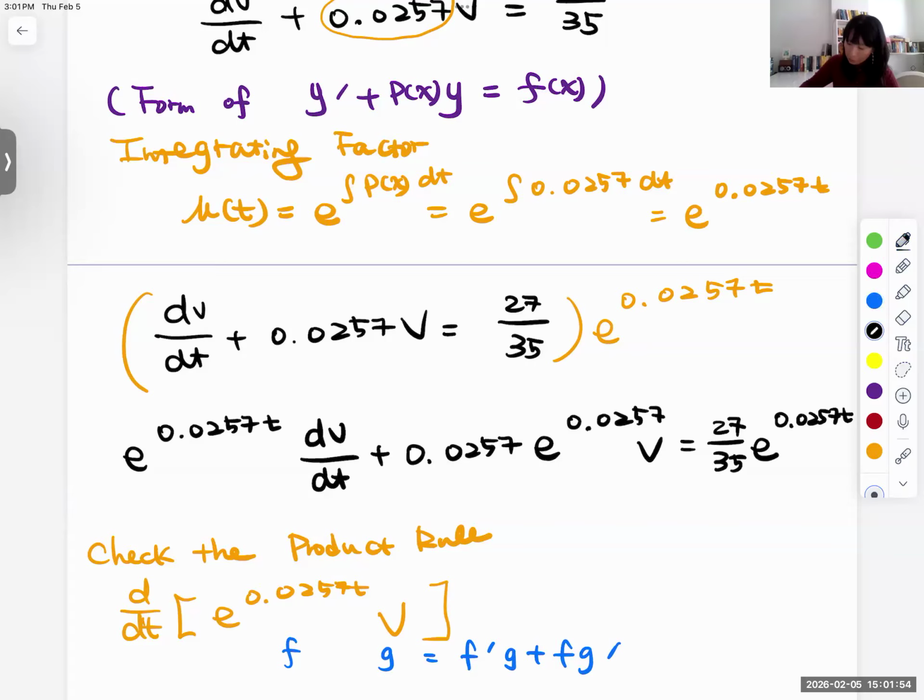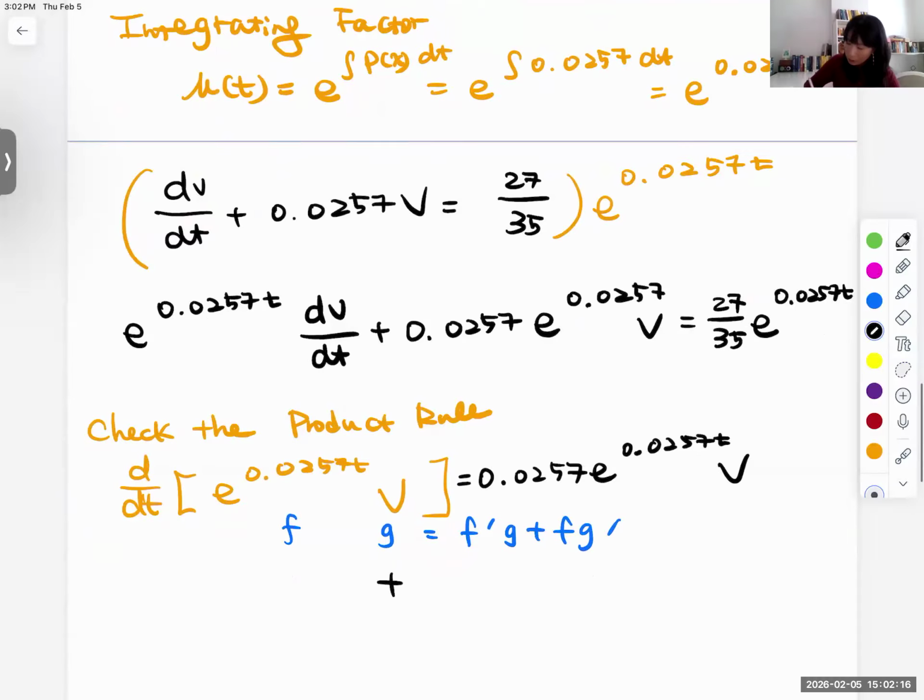So f prime is e to the that function and the chain rule, so we will get 0.0257 e to the 0.0257t v, plus f, e to the 0.0257t, and g prime, dv over dt, right?